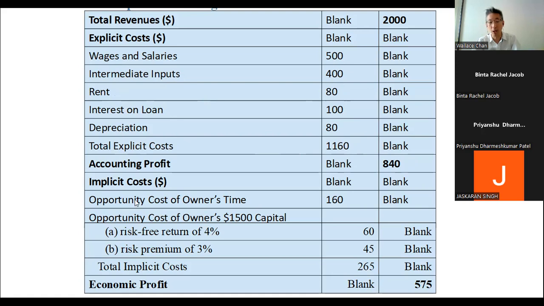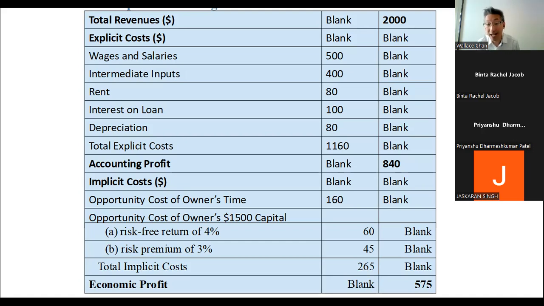What do we mean by opportunity cost of owner's time? What do you think it means? Opportunity cost of owner's time. Anyone? Make a guess. The time that he is sacrificing for this?